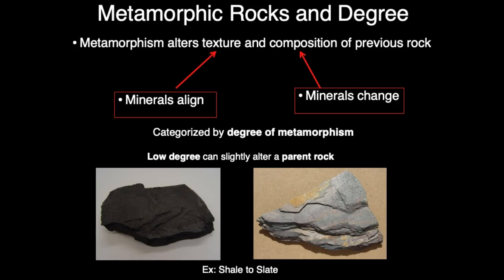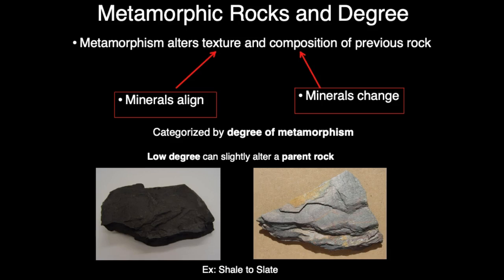The degree to which a parent rock changes during metamorphism is called its metamorphic grade, and it varies from low grade, which is low temperatures and pressures, to high grade, which is high temperatures and pressures. For example, in the low-grade metamorphism environment, the sedimentary rock shale, which we looked at in chapter 6, becomes the more compact rock slate.